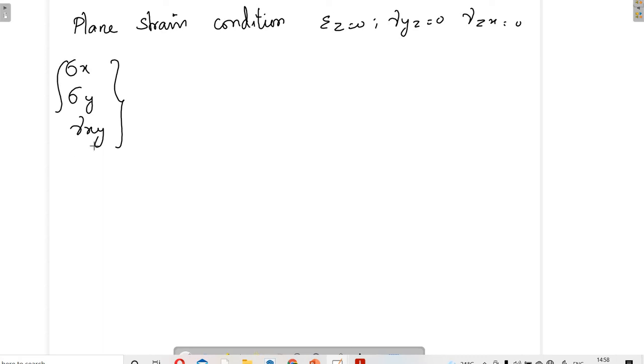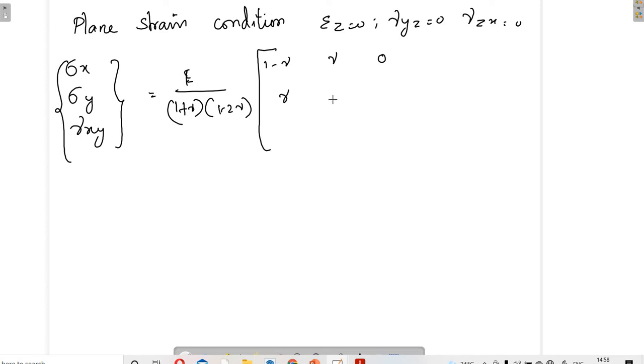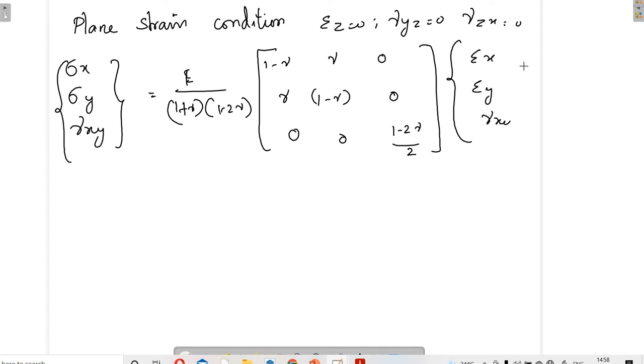So this is in the vector form, which is equal to E divided by (1 plus nu)(1 minus 2 nu) into the matrix: 1 minus nu, nu, 0, because in that direction there is no value; then nu, 1 minus nu, 0; then 0, 0, and for the gamma xy relation it is 1 minus 2 nu by 2. So this is the constitutive relation with epsilon x, epsilon y and gamma xy.